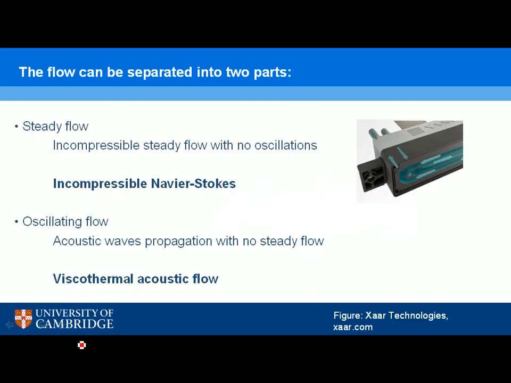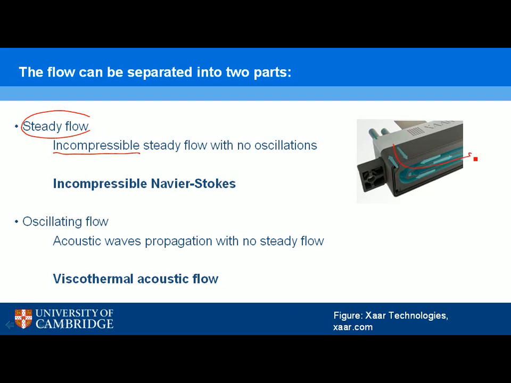This is rather a curious problem because it's a viscous acoustic problem. It's curious because in most acoustic problems one ignores the viscosity, but in this case the mechanism that is killing off those oscillations is the viscosity, so you can't ignore it. Nevertheless, the problem becomes much simpler if you divide it into two problems. The first is for the steady flow, and here you say, let's look at an incompressible, i.e. no acoustics, steady flow with no oscillations.